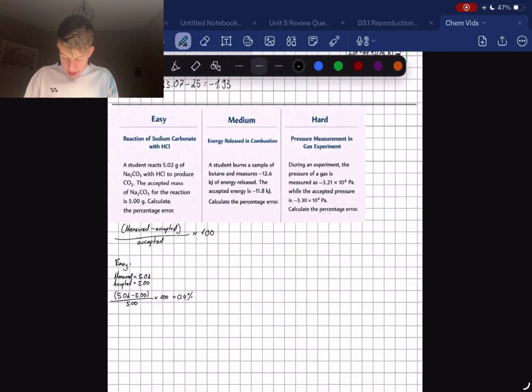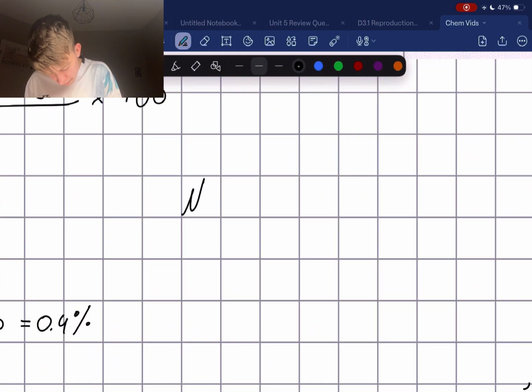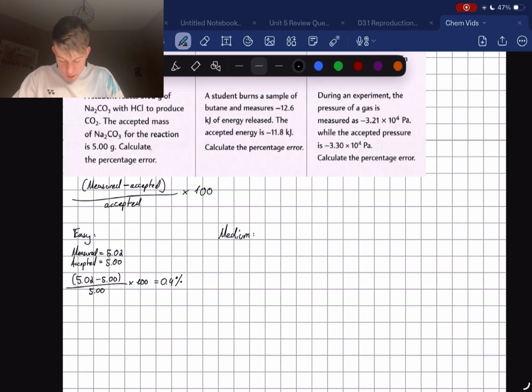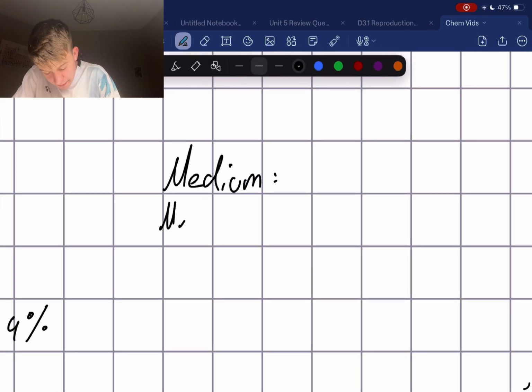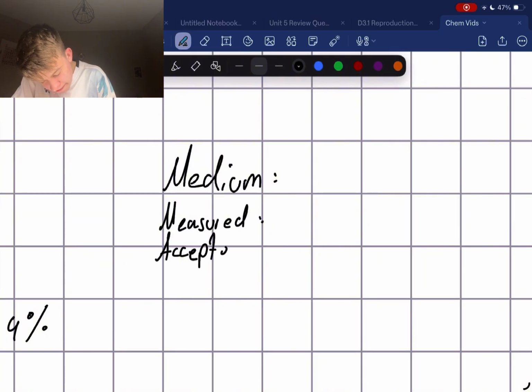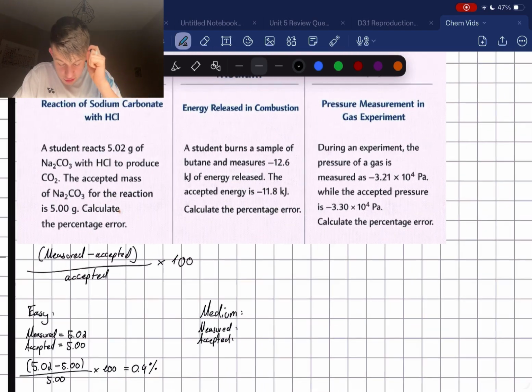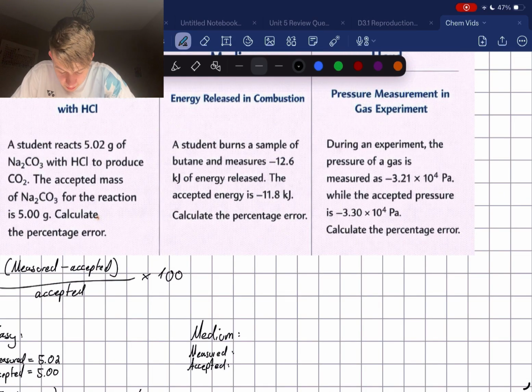Okay, good. Now let's go to the medium one. Let's write our measured and accepted. A student burns a sample of butane and measures 12.6 kilojoules of energy released.